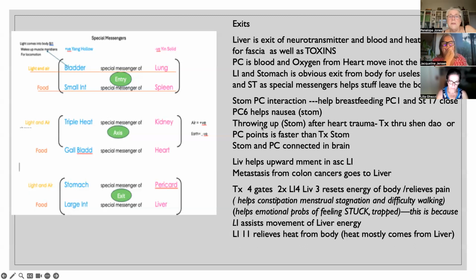And that will treat the throwing up much faster than just doing the stomach alone. Stomach and PC are also connected in the brain. Both of these have connections to a part of the brain that organizes the stomach and organizes the PC, and they're right next to each other.